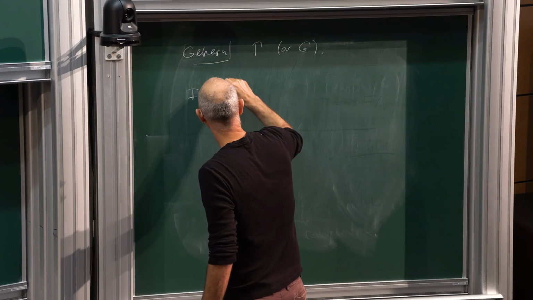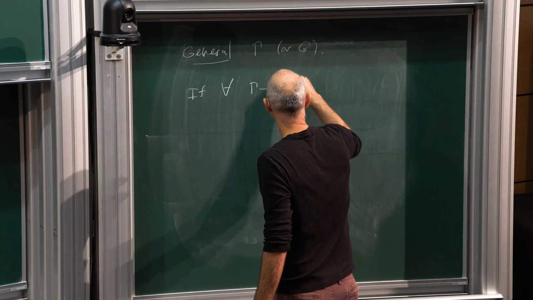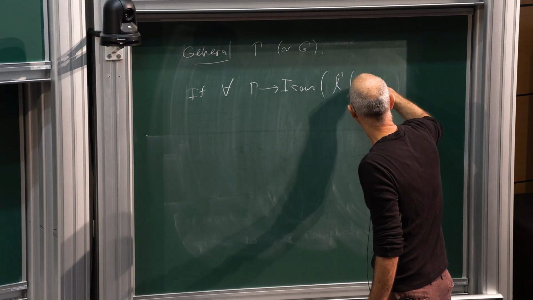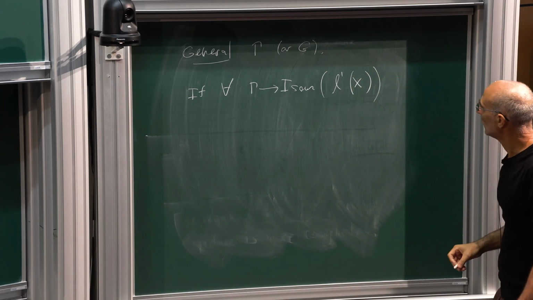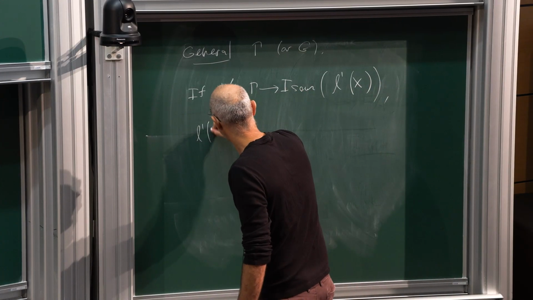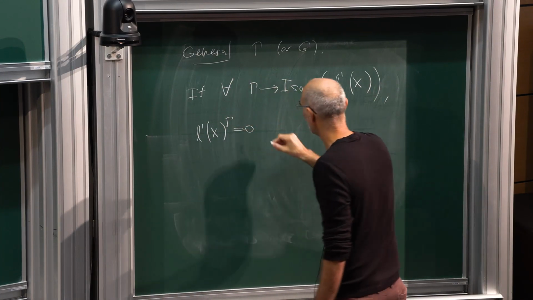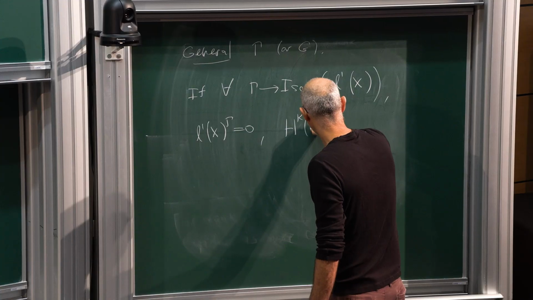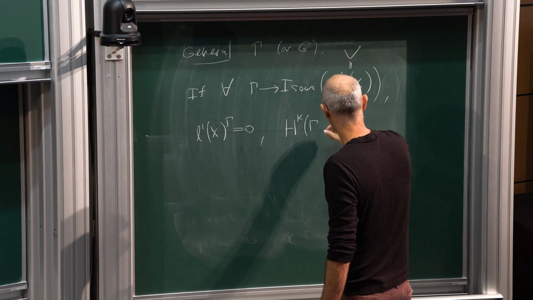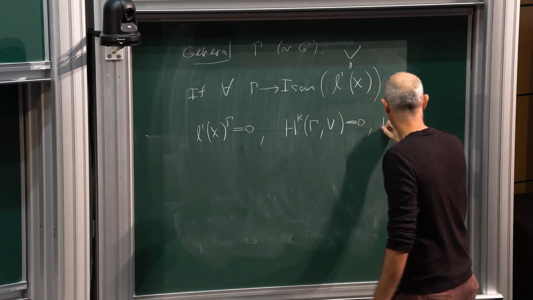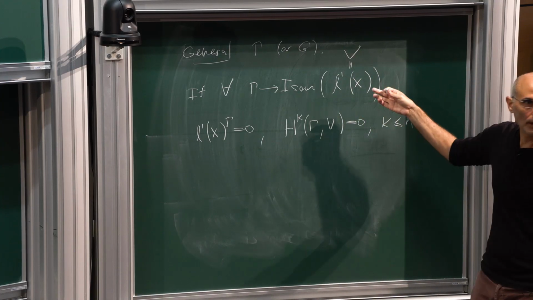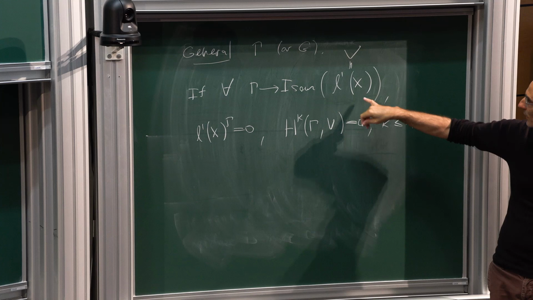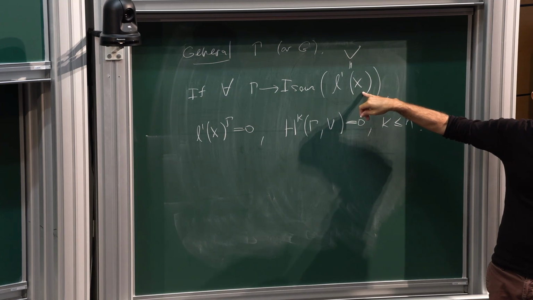If for every L1 representation with no fixed point, HK vanishes, this is V. If you have the analog of higher property T sub N, but instead of taking unitary representations, I'm taking L1 representations here.